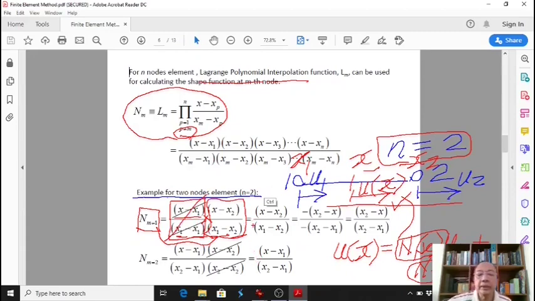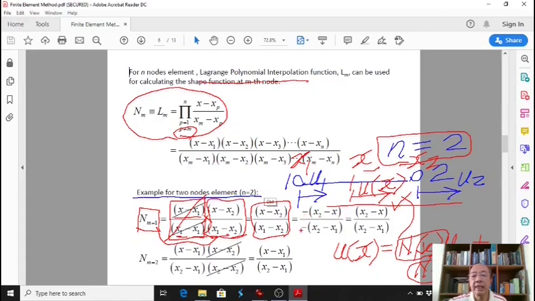And this, we simplify, is equal to (x minus x2) per (x1 minus x2). Okay, we just modify this. So this is minus, we just change the position, x2 minus x. We put the minus here.